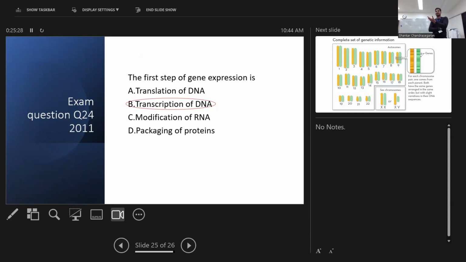RNA what? There's another word after that. Yeah, RNA processing. Okay, it's transcription of DNA, RNA processing, and then translation. These three steps need to happen concurrently for a functional protein to emerge.